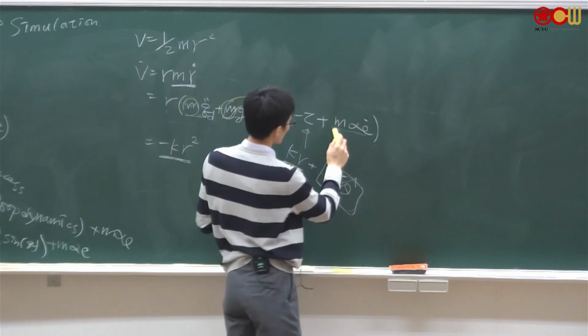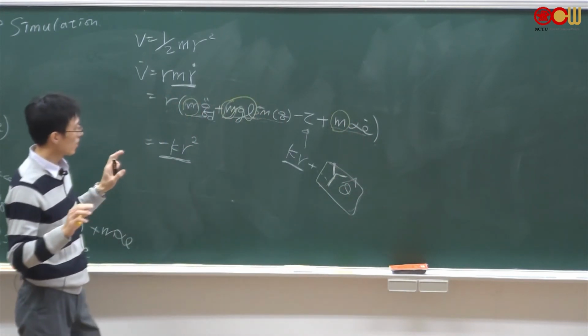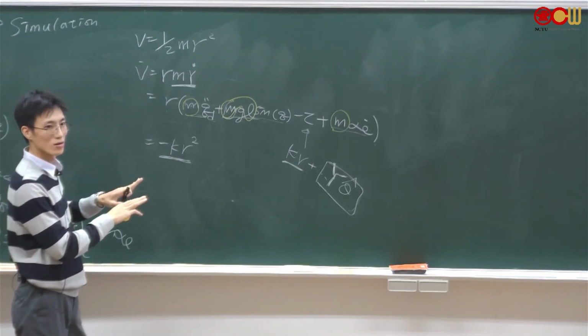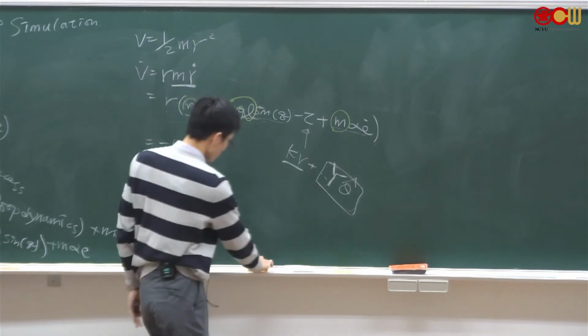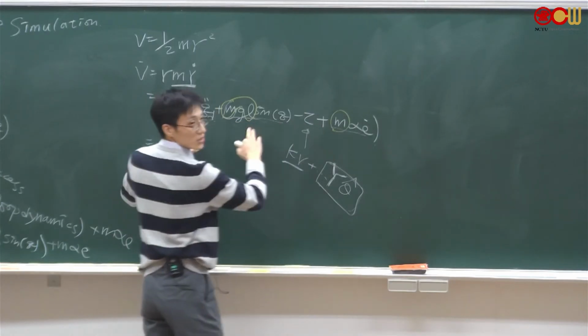Unknown, known, right? So they are structured as unknown times known. Okay, so this is how this y theta comes into play. In y theta, y is the known terms, theta is the unknown terms. Okay, and you multiply, so y theta basically is the summation of these three terms.